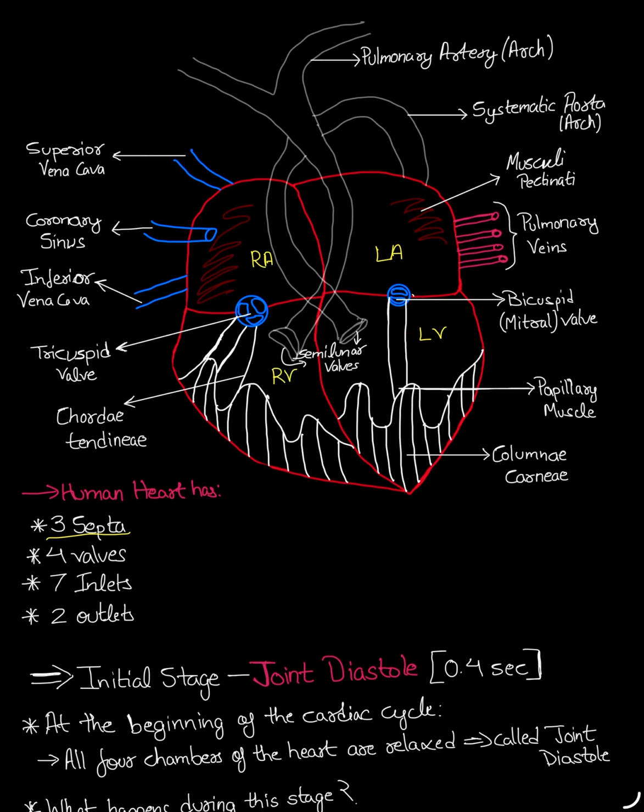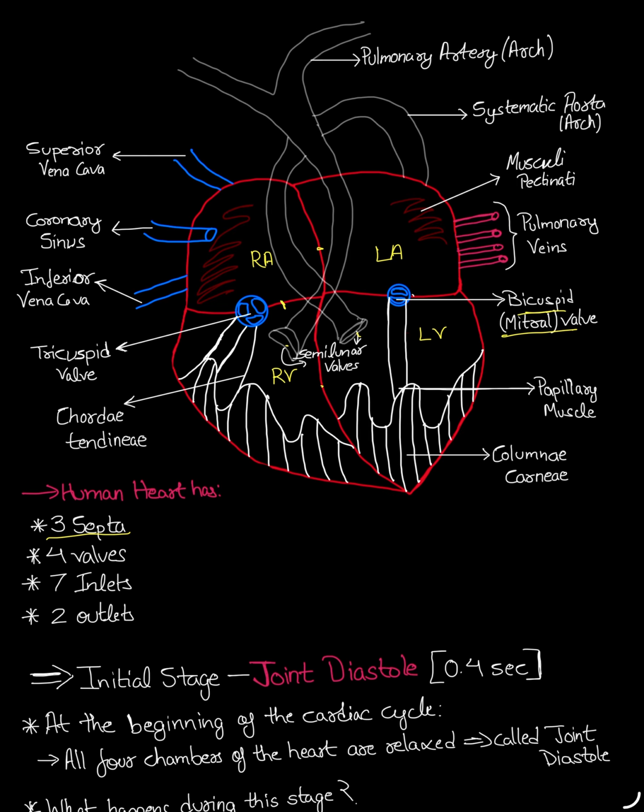So the interatrial septum, the interventricular septum, this one, and the atrioventricular septum, this one. So three septa, four valves here: the tricuspid valve, this is the bicuspid valve, and then two semilunar valves, this one and this one.